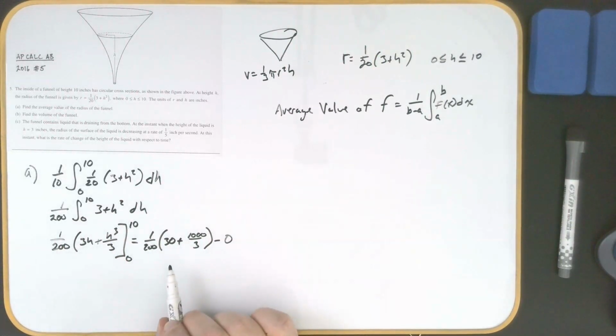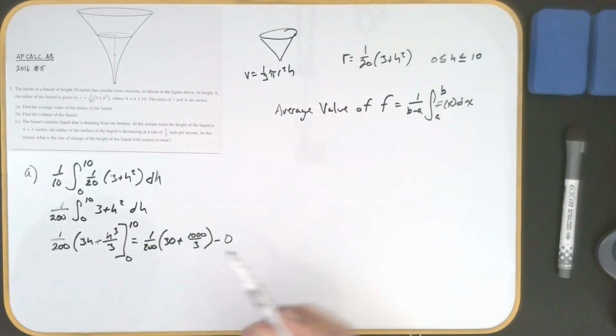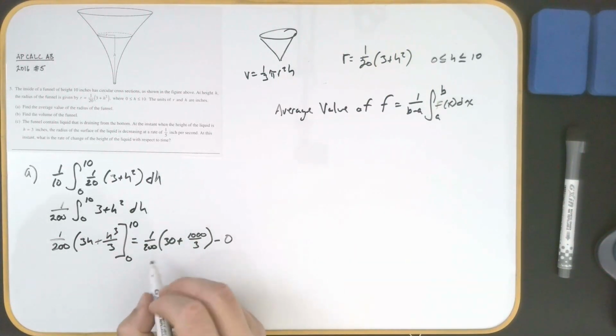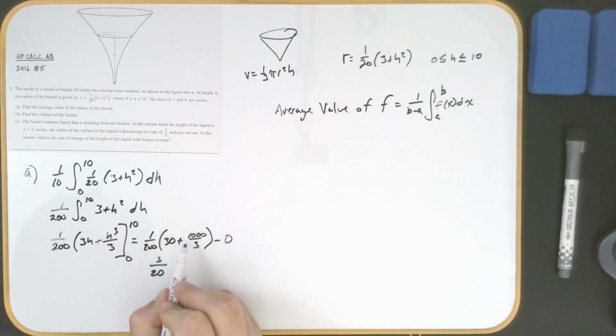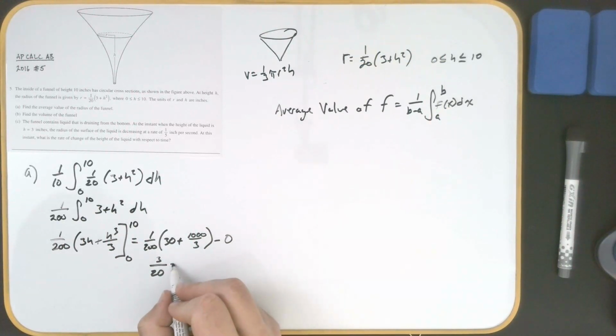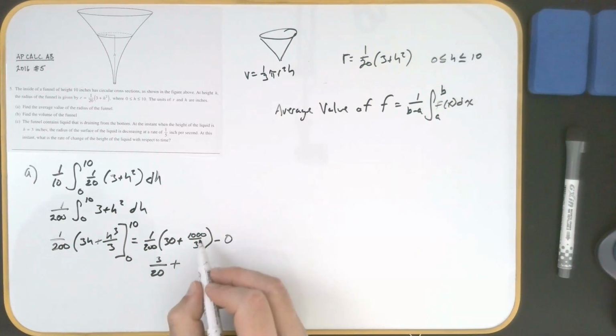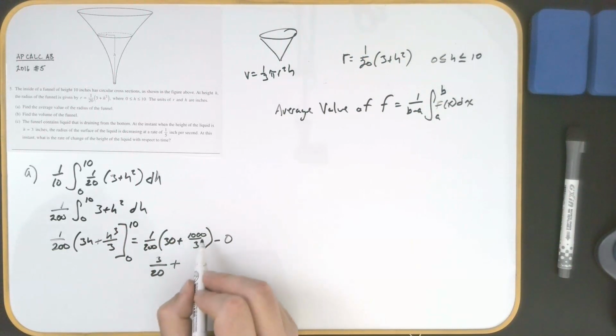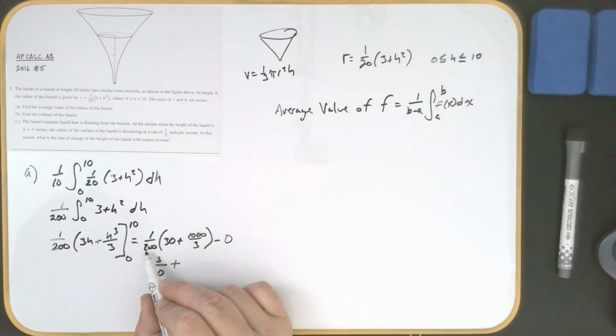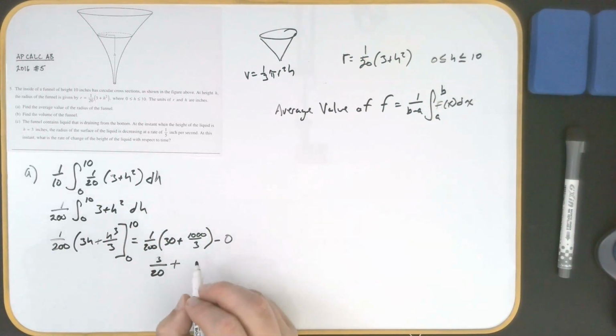Depending on the question, how much time do you want to spend with this? If we distribute the 1/200th, that's not too bad. We would wind up with 3 over 20, plus, we'll knock off 2 zeros and cancel the 200 with the 10,000 and get 5/3.